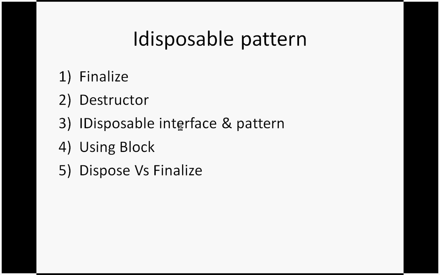We implement the finalize method in our C# class to release unmanaged resources. I'm stressing one more time: we use the finalize method to release the unmanaged resources. Then what are unmanaged resources or unmanaged objects and managed objects?